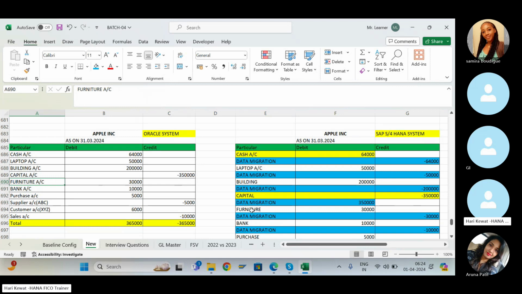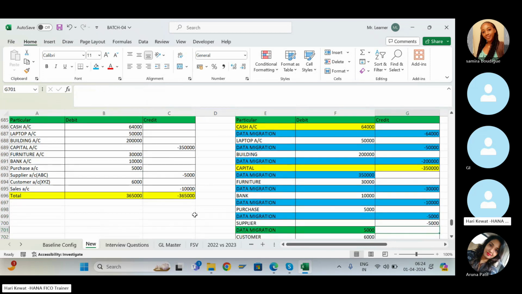Similarly, you have a furniture account debit, so data migration becomes credit. You have a bank balance with a debit balance, so bank you are debiting and data migration you are crediting. Similarly, you have the purchase account: you are debiting it and crediting your data migration GL.